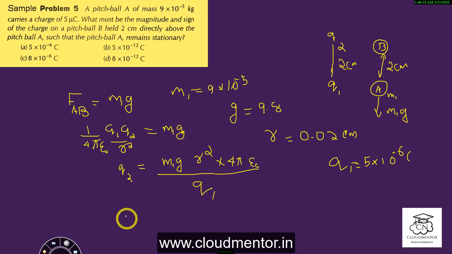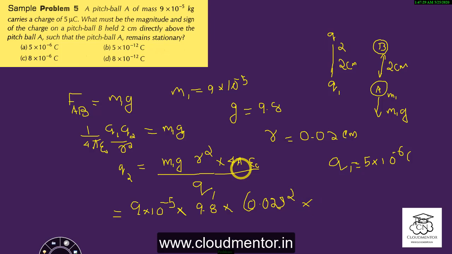And putting those values in this equation, that is 9 multiplied by 10 raised to minus 5, and g 9.8, or take it as 10, that's all right. And the r is 0.02, 0.02 whole square. For simplicity we can write it as 2 multiplied by 10 raised to minus 2, so we will get 2 square, that is 4 multiplied by 10 raised to minus 4, it's your wish.